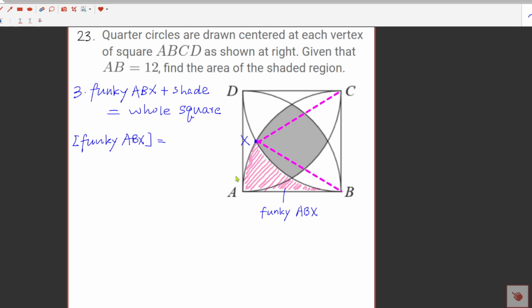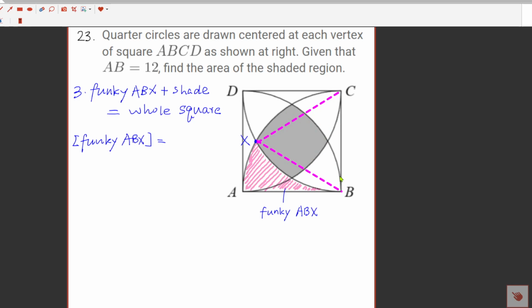You see that? Again, this region equals sector ABC, which is this region here, subtracted by the region bounded by BC, CX, and BX. That means this area here, right?